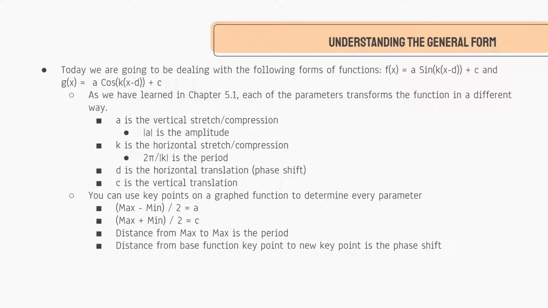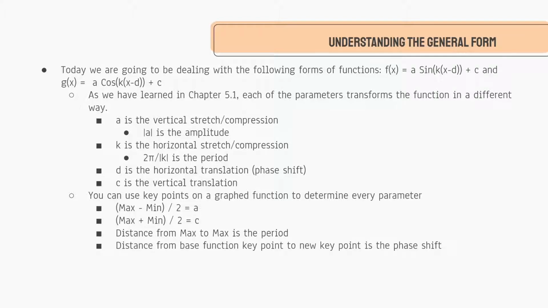When analyzing a graphed function, you could use its key points to determine every parameter to find an equation. For example, you could find the maximum and minimum points, and then the difference between the maximum y value and the minimum y value divided by 2 would be your A parameter. Similarly, max plus min divided by 2 would be your C value. The distance from max to max would be the period.